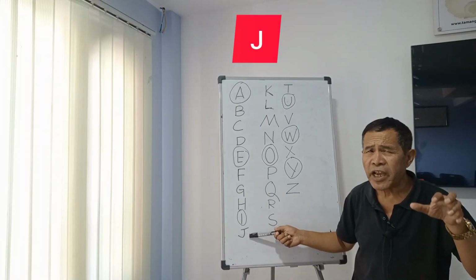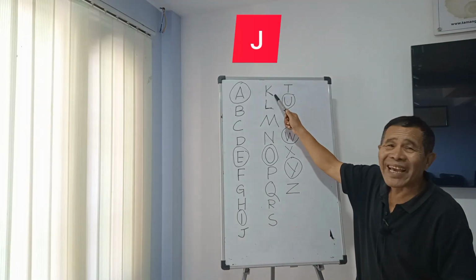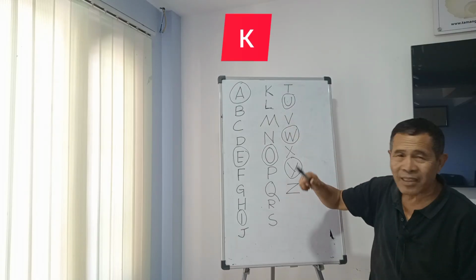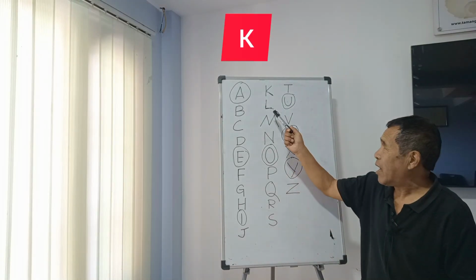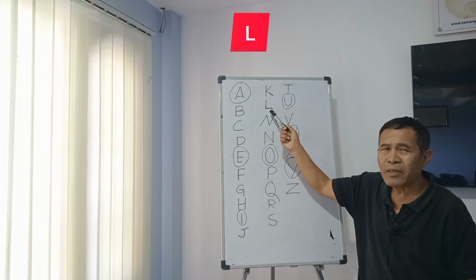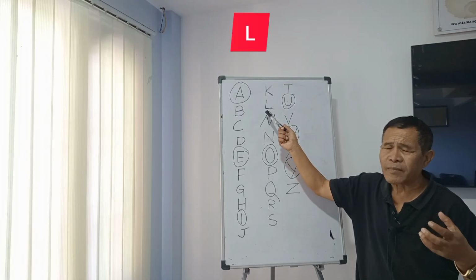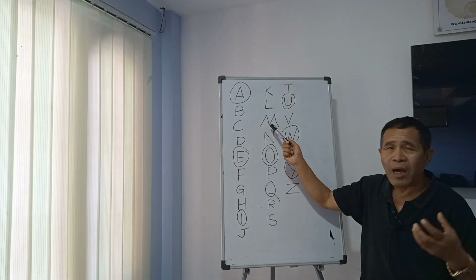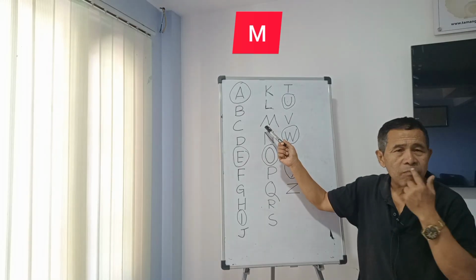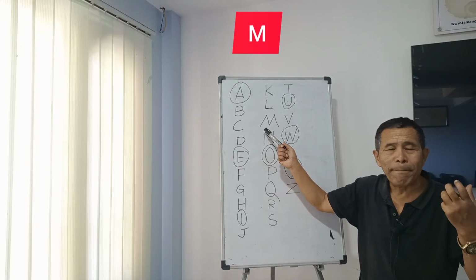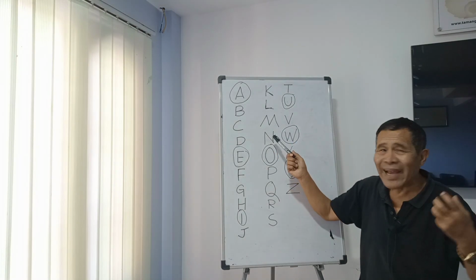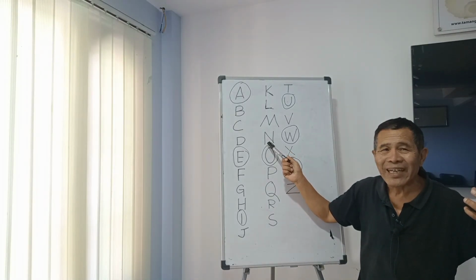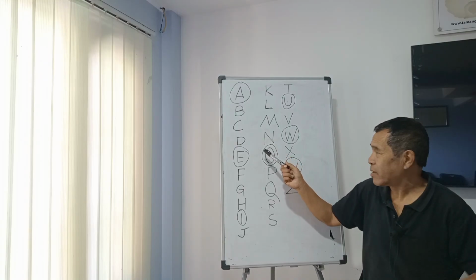J. The next one is K. L. Feel the tongue again, the movement of the tongue. L. M. See, my mouth closes. M. Again here, N. Feel the tongue. Where does it go?